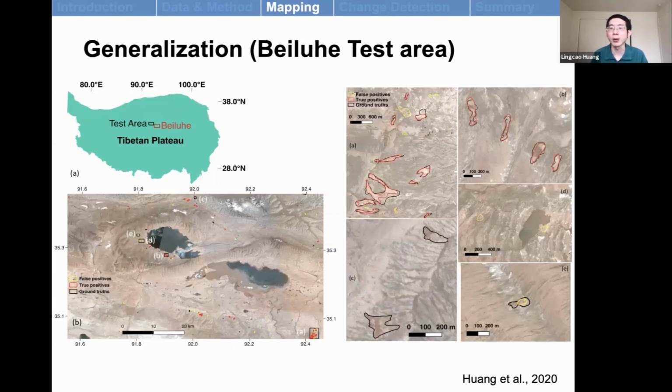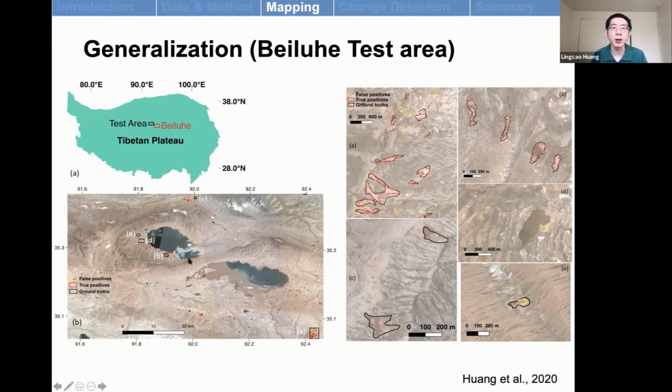We also tried to test something called generalization. We train a model, then apply this model to another study area that the algorithm never saw before, and see what the performance of the trained model is.